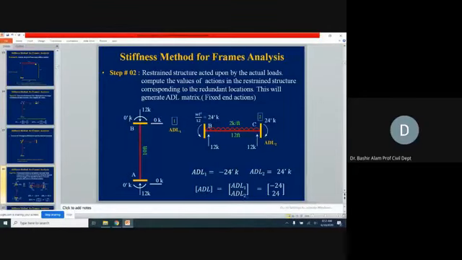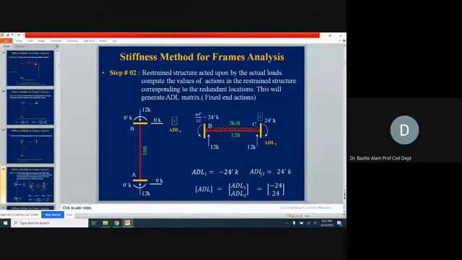It is 0. And if we see from BC, this MBC is minus 24. Why minus? It is counterclockwise movement. So 0 minus 24, which is minus 24, and here it is recorded ADL1 is equal to minus 24.